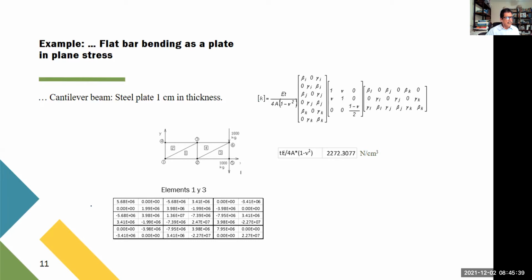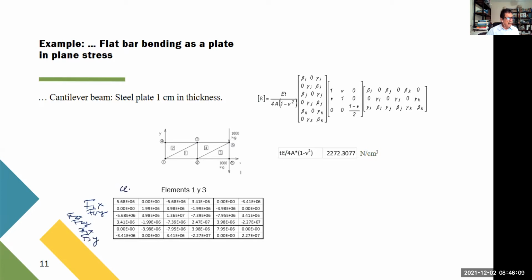So remember, this contributes to the equilibrium of F1x, F1y. The other is 2, so this is for F2x, F2y. And the other is 3, so this is F3x, F3y. And this is the vertical direction.